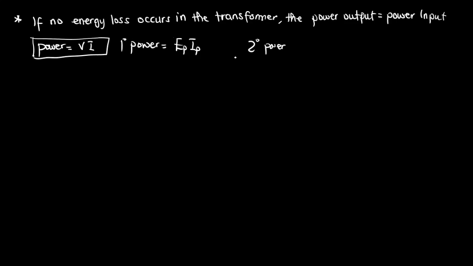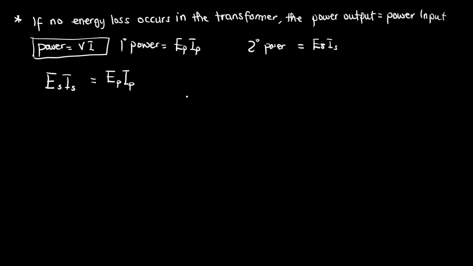The primary power is the power input, and this is the power output. So that will also be equal to ES IS. Are you okay? So we are saying that if no energy loss occurs, then ES IS, which is the power output, should be equal to EP IP.